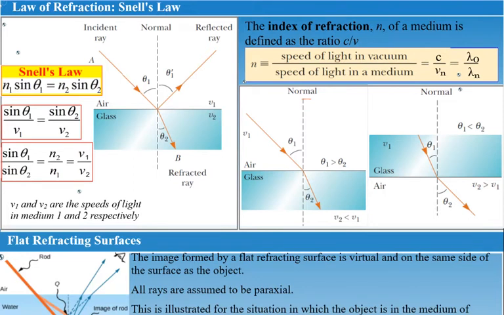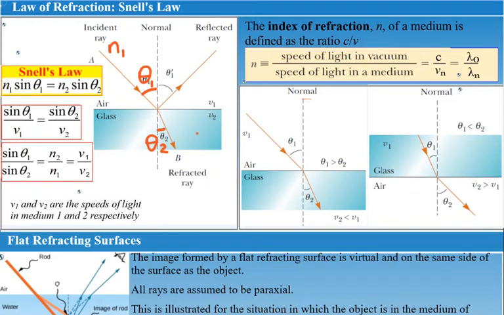And for Snell's law, let's say the index of refraction of air, I'm going to call this N1. So in our case, the air has index of refraction N1, the angle of incidence is theta 1, and the angle of refraction is theta 2, and this is glass, right?